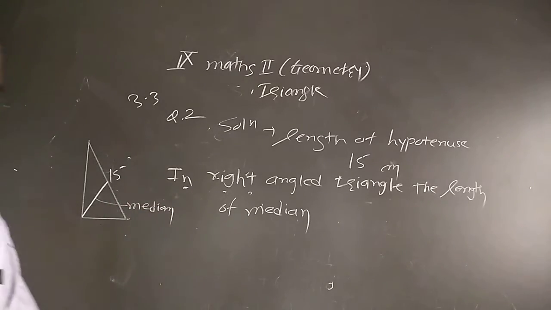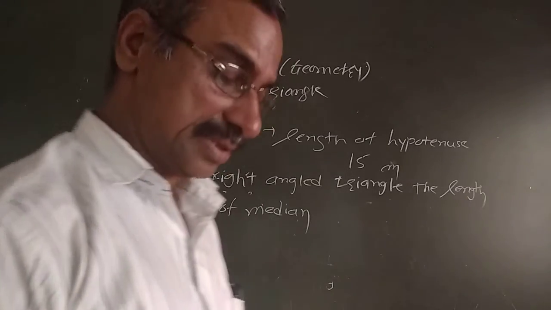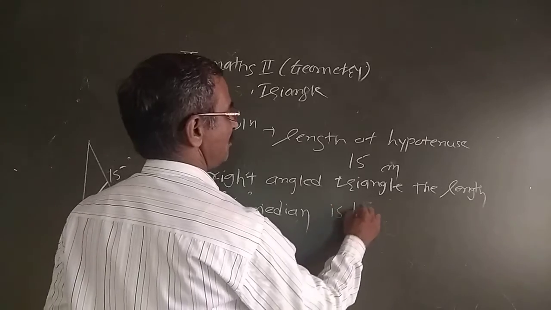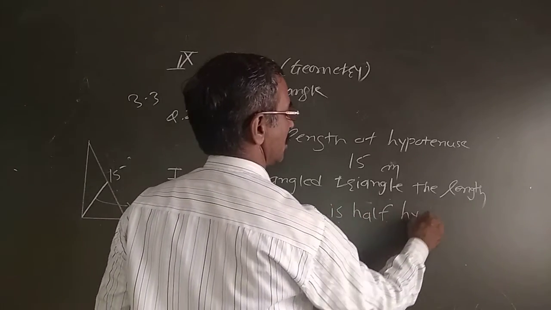The length of a median is half of the hypotenuse.